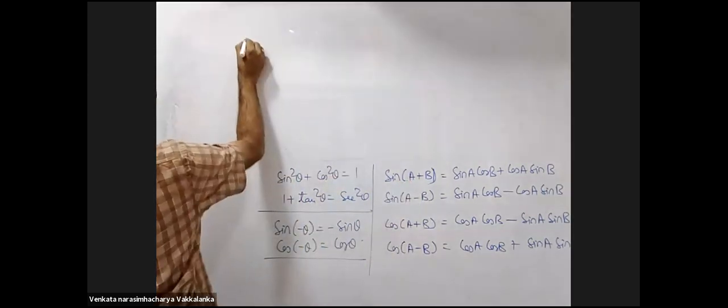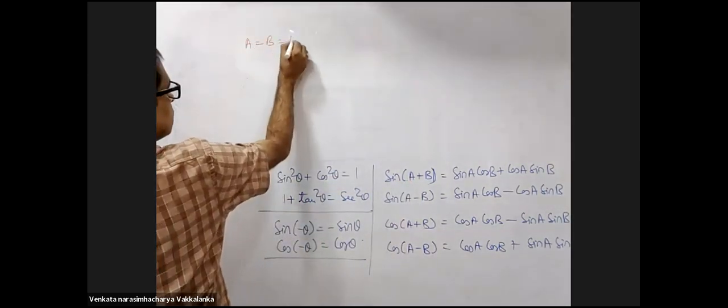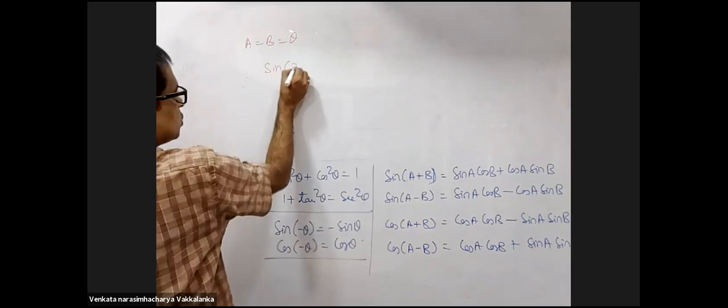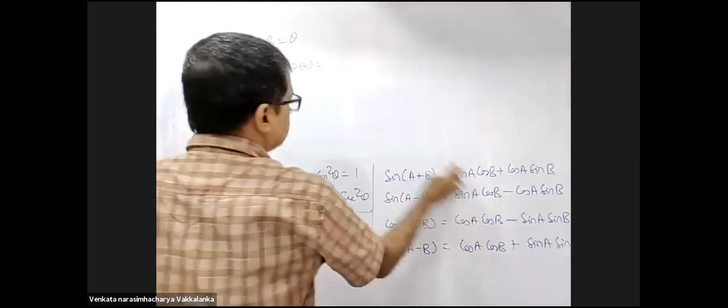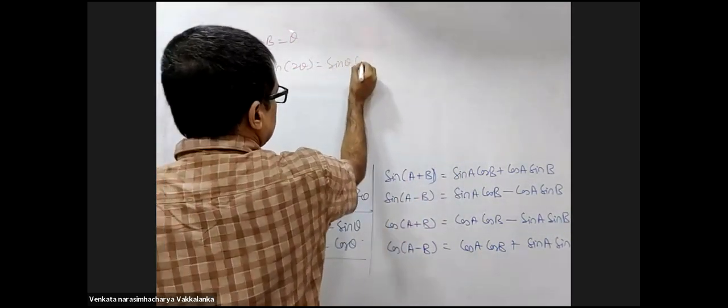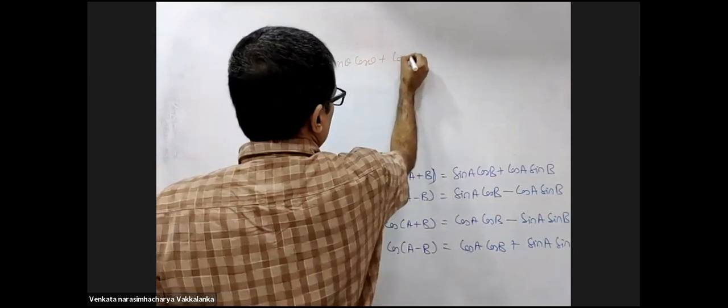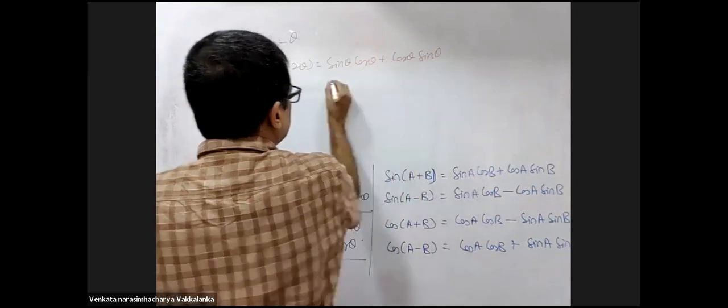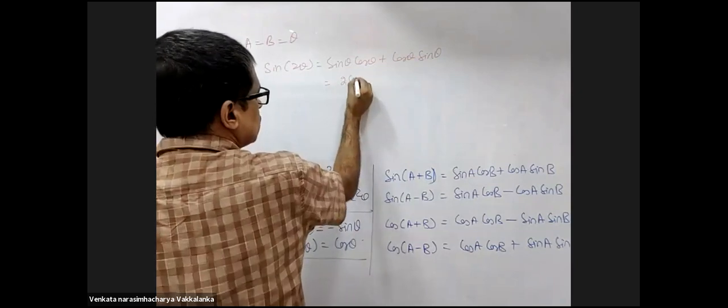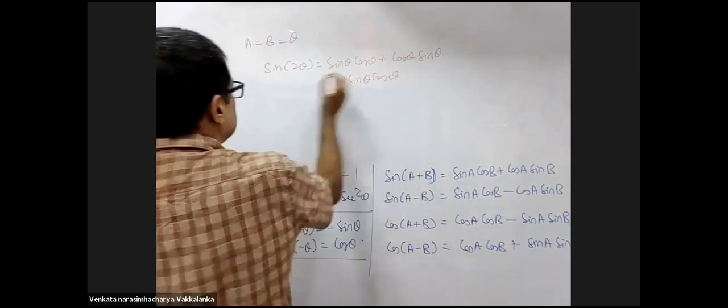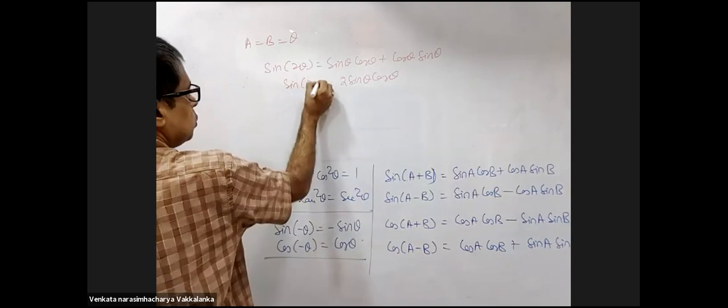This becomes 2 sin theta cos theta. So sin 2 theta is 2 sin theta cos theta.